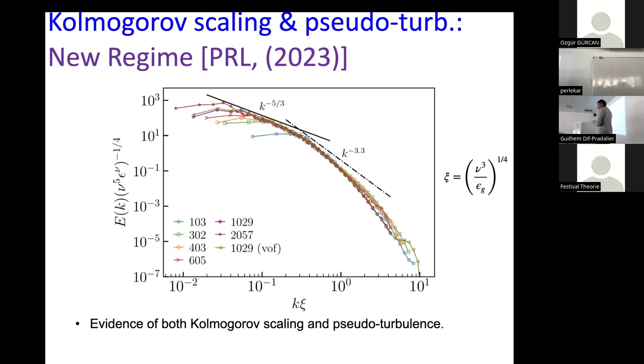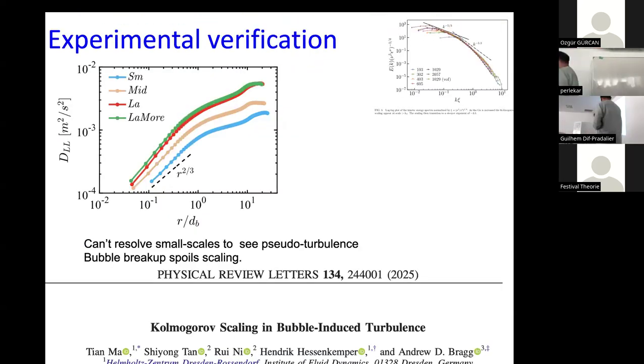The question was whether any experiment would ever be able to see this. So I sent a mail to my friends at Johns Hopkins, Tian Ma and Andrew Bragg, and Chao Sun, and I said, look, we have found this. Is there a possibility to do an experiment? And they did it, and they found Kolmogorov scaling. They were able to fine-tune the experiment so as to maintain large enough bubbles that do not break.